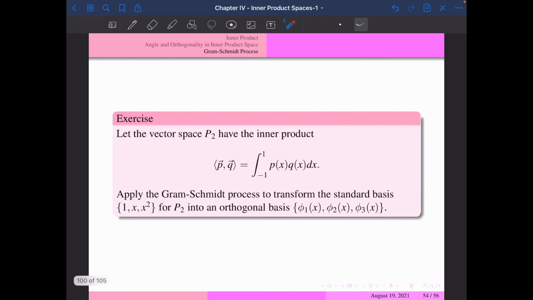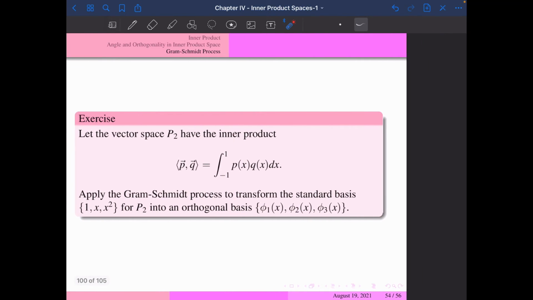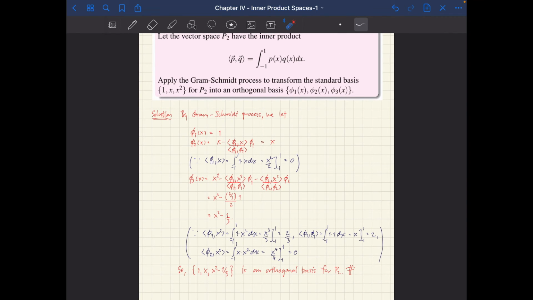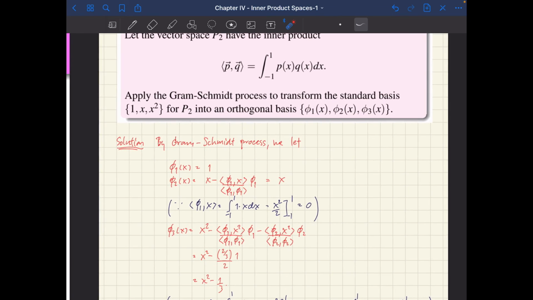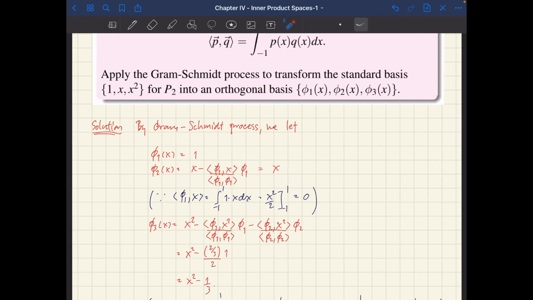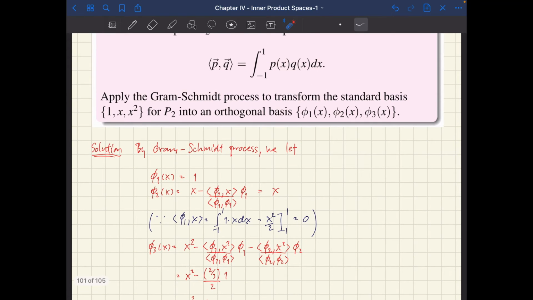It's not hard, right? Because we know the Gram-Schmidt process formula, so we apply that formula. But one thing you need to beware of is the inner product that we use.